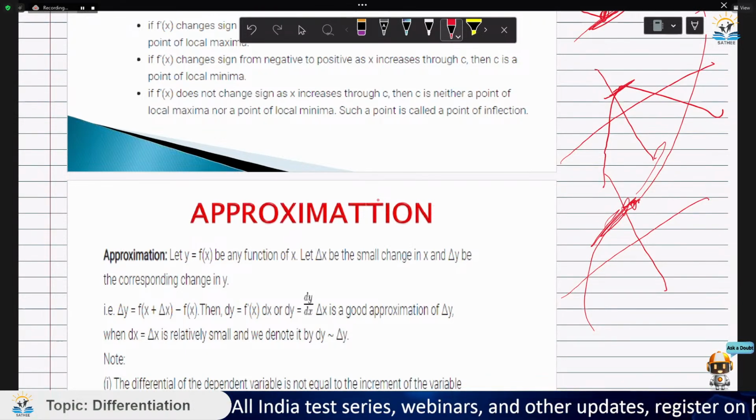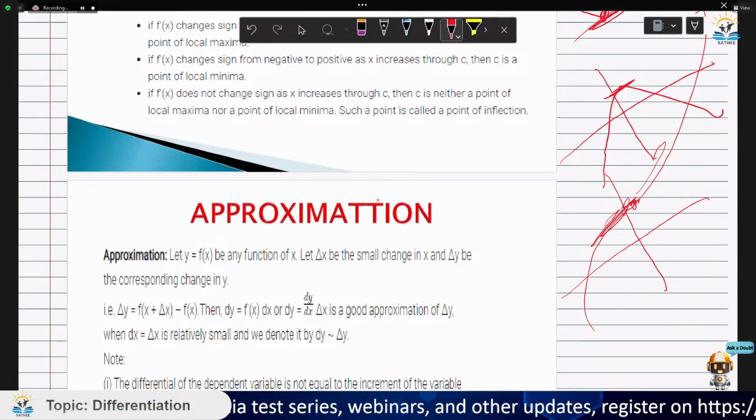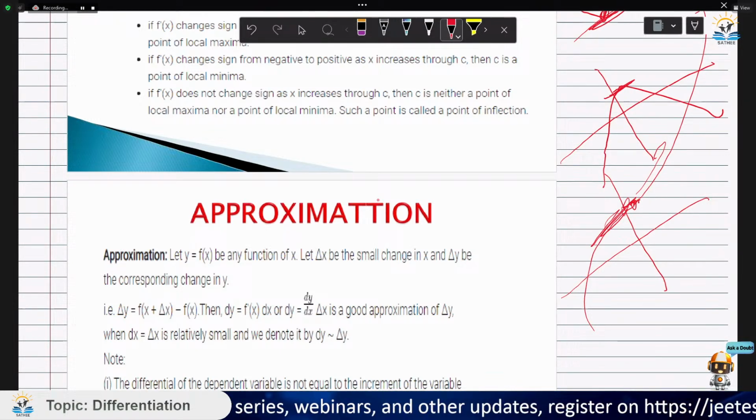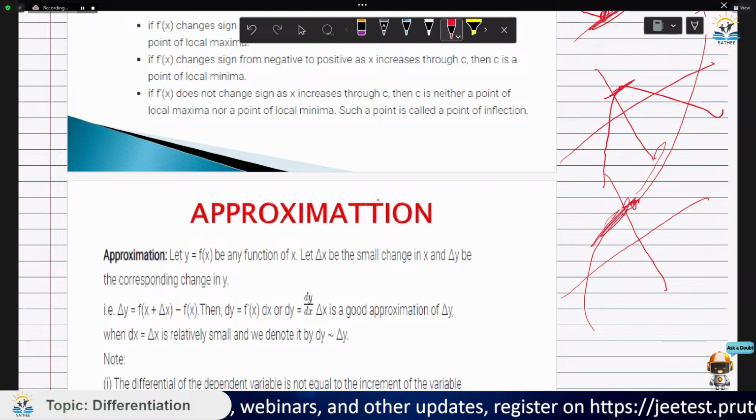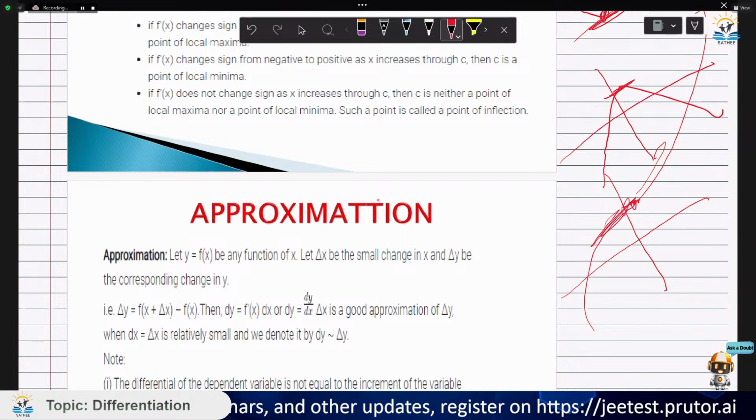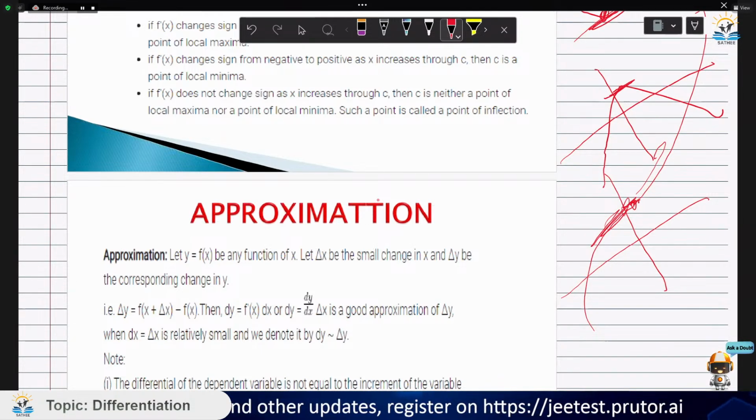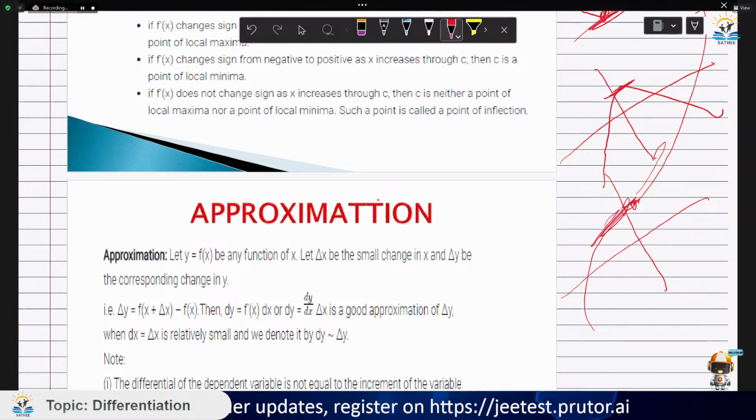So this we have written here, let's take all the red marks here and write it again. So this becomes this, right? This becomes f dash of x into del x. And we are left with this.